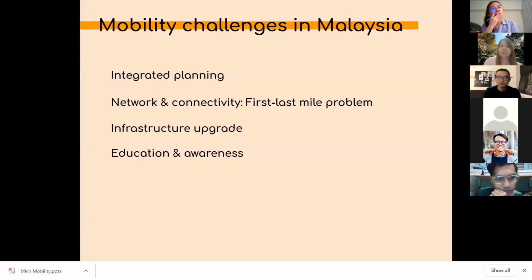So I will end this with some of my thoughts on mobility challenges in Malaysia. The first thing is definitely that we need integrated planning, because when I mention urban mobility, I'm not sure if I should look for JKR, the transport department, or JPBD, the planning department.